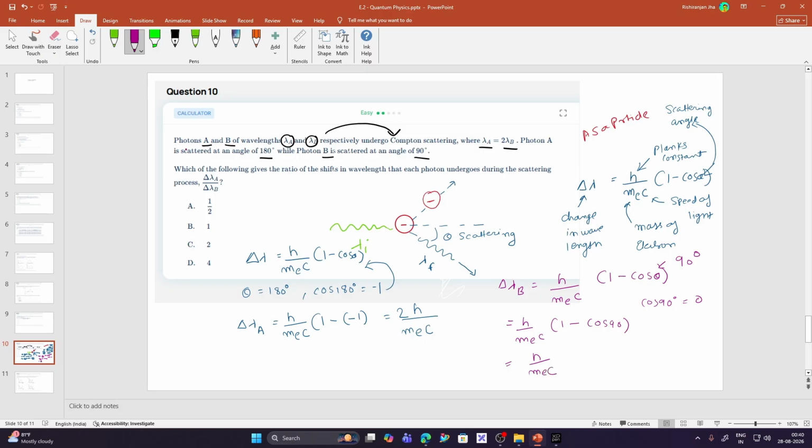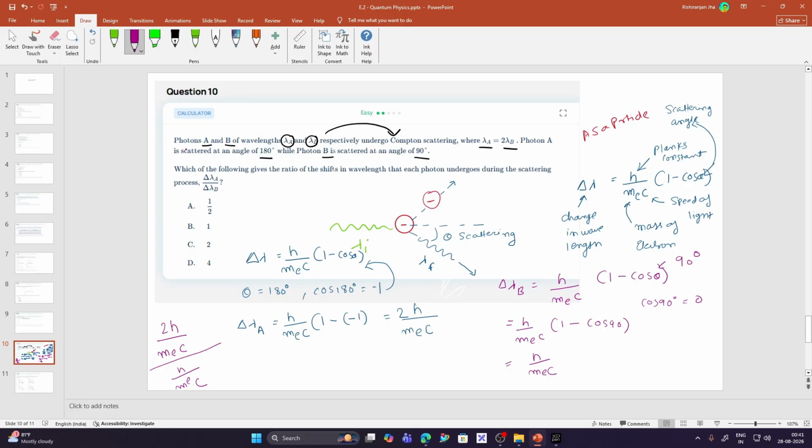So we get straight away this equation as h by mass of electron times the speed of light. Now we just have to take the ratio of the wavelengths of the particles. So for particle A, delta lambda A is 2h by mass of electrons times speed of light, divided by h by mass of electrons times speed of light.